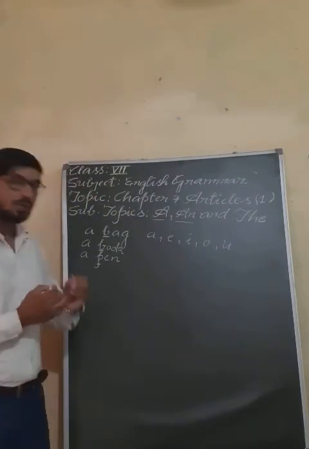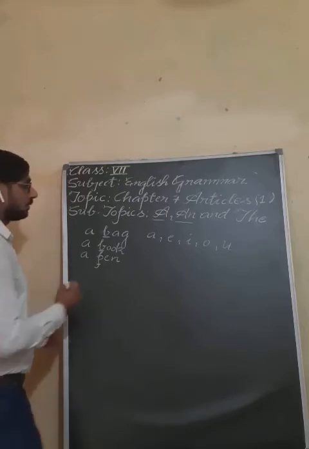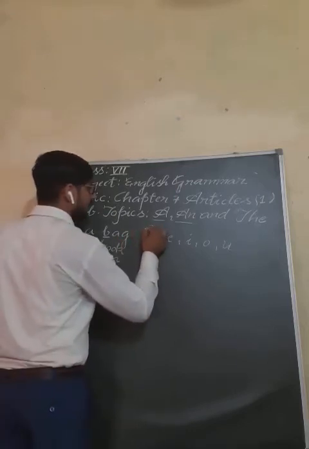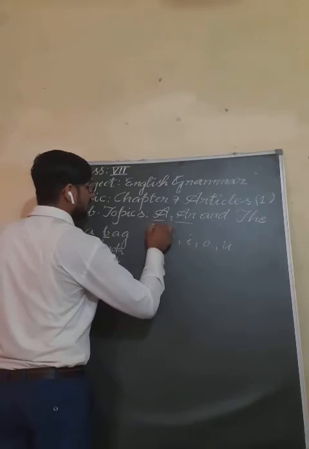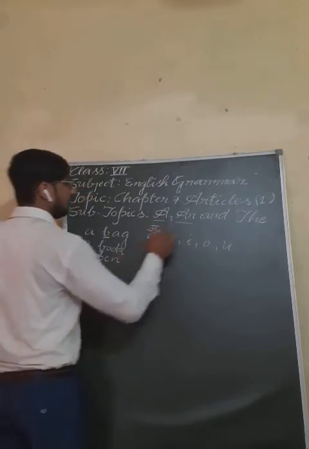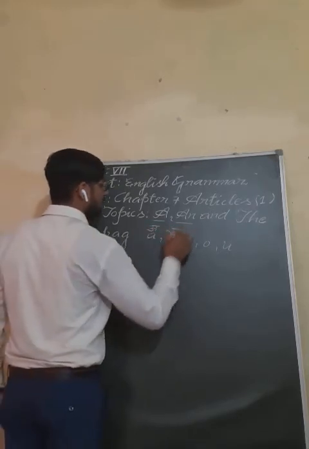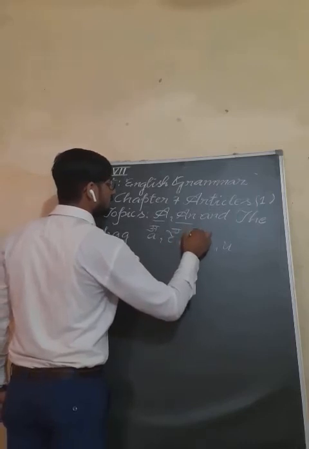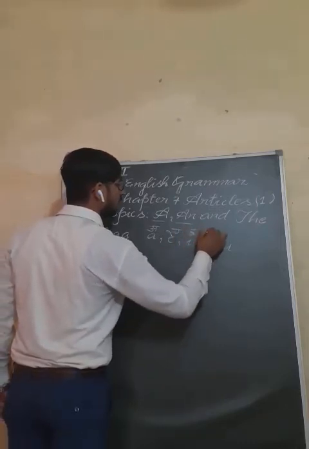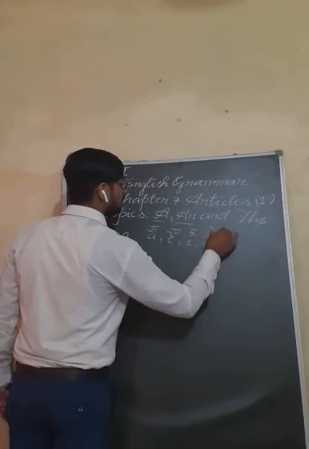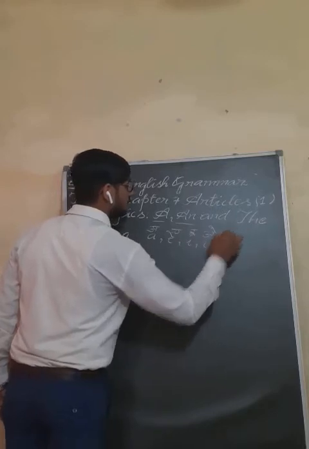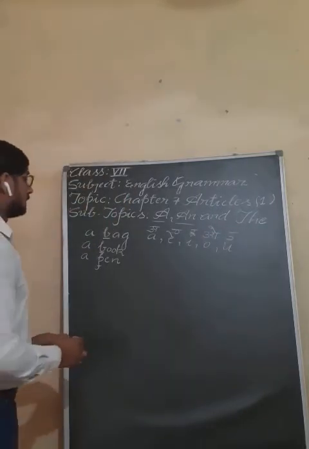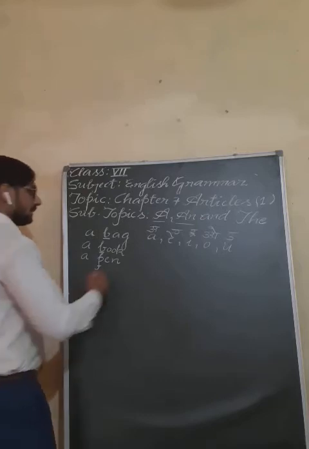But we have to know how to use them. Suppose that in Hindi we say A, E, I is choti, O and U is shota. Have you known? Suppose that I am giving you the examples.